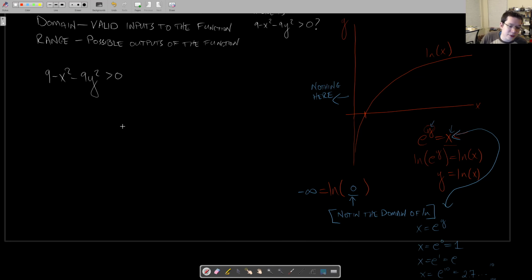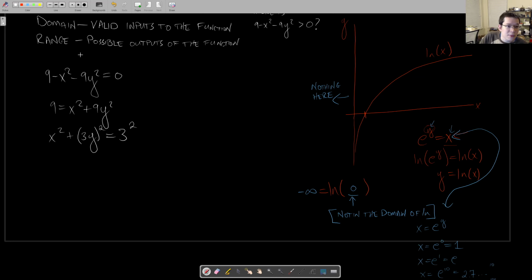This looks like, if we set it equal to 0, let's do the equals case temporarily, 9 equals x squared plus 9y squared. And that should look familiar, because then we have x squared plus 3y squared equals 3 squared.